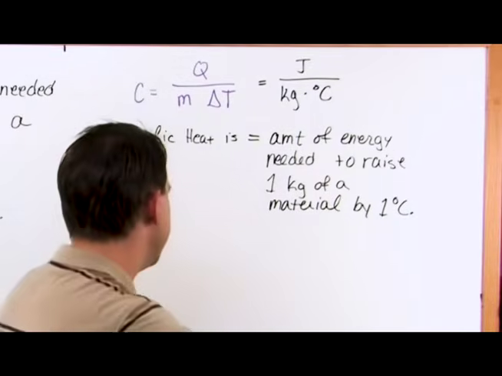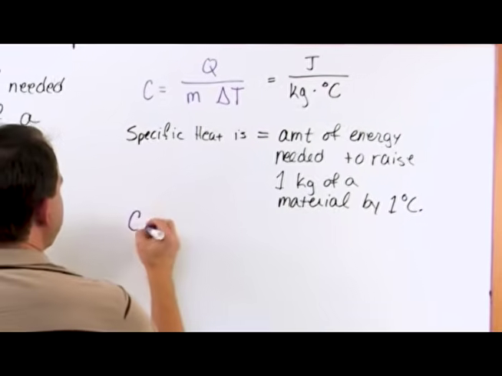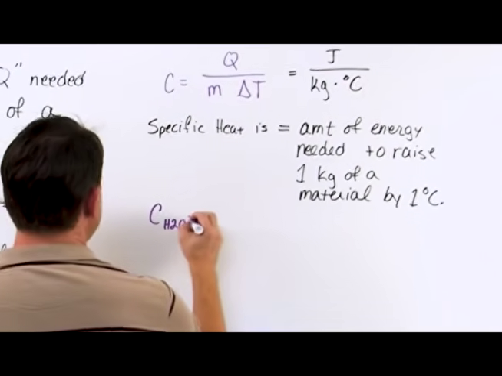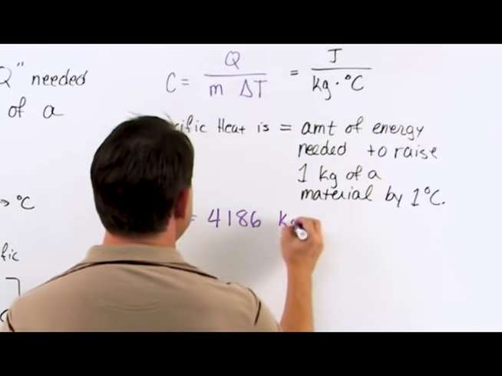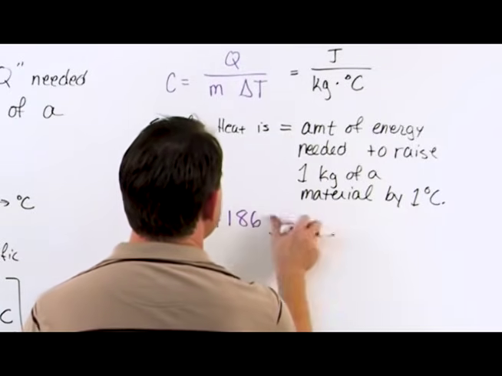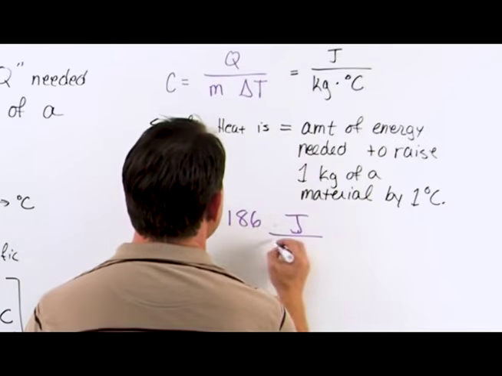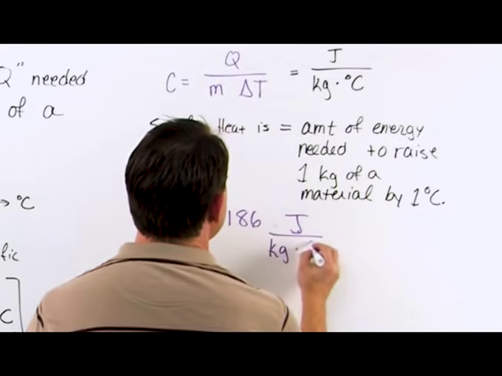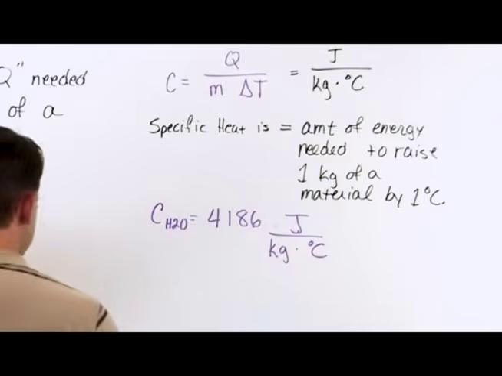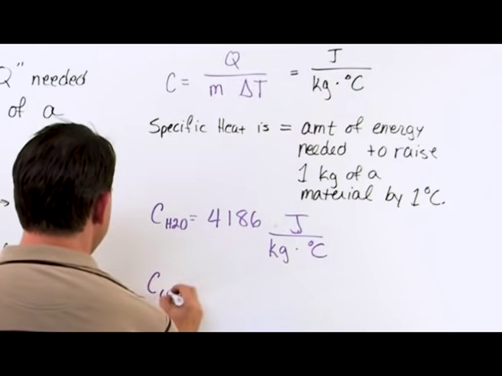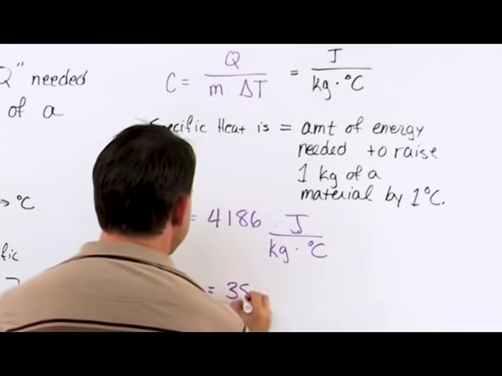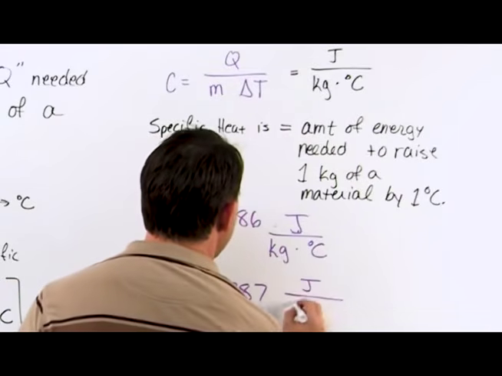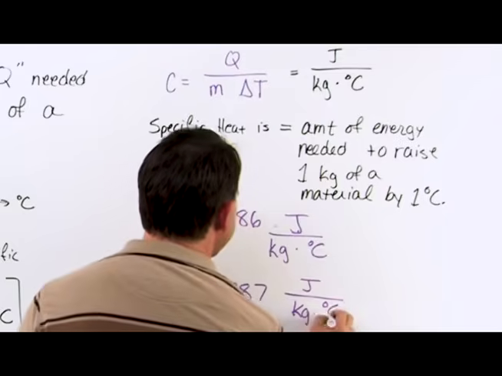So let me give you a specific example. The specific heat of water is given to be 4,186 joules per kilogram degrees Celsius. And for comparison, the specific heat of copper is 387 joules per kilogram degrees Celsius.